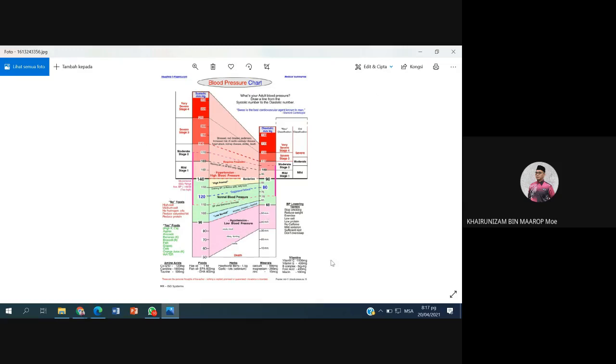We can use this when you use the sphygmomanometer. So this chart is useful actually. So kita boleh tahu kita punya tekanan darah, sama ada apa yang diperlukan.